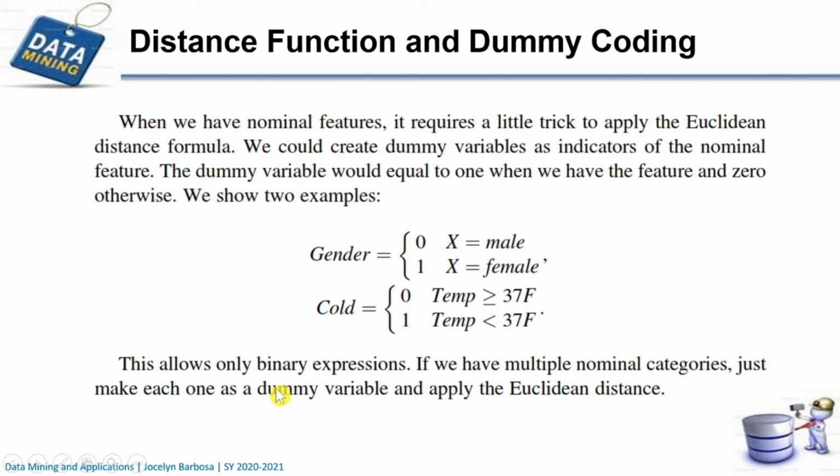This allows only binary expressions. If we have multiple nominal categories, just make each one a dummy variable and apply the Euclidean distance.